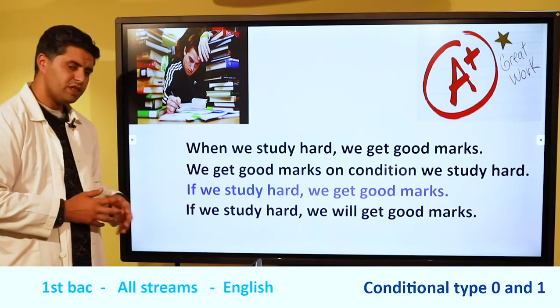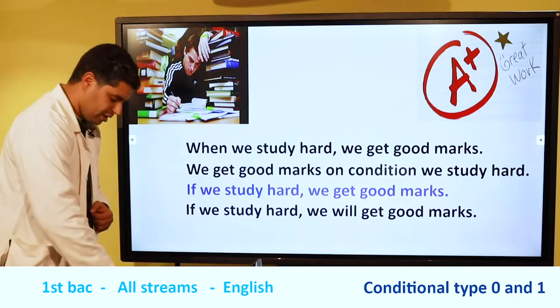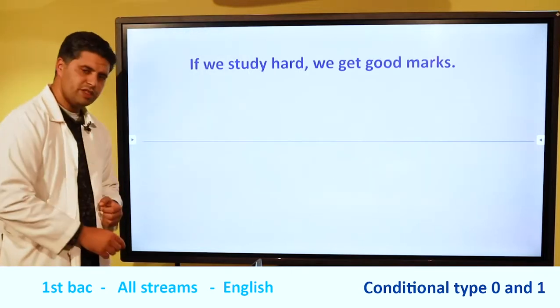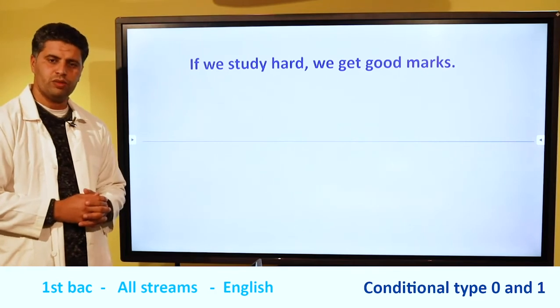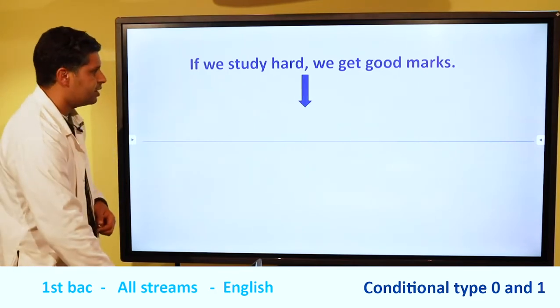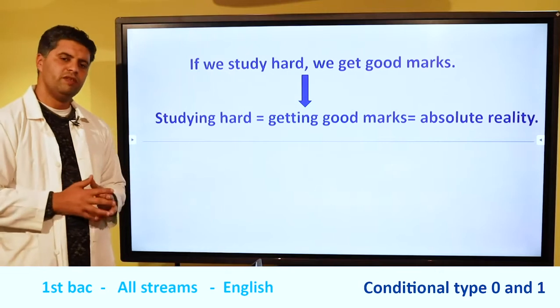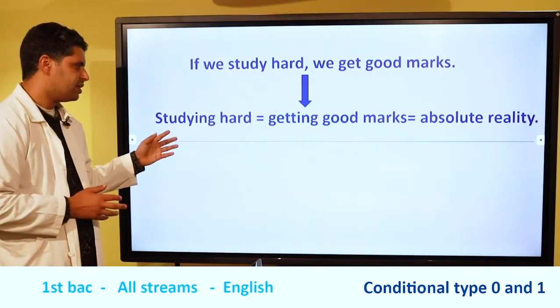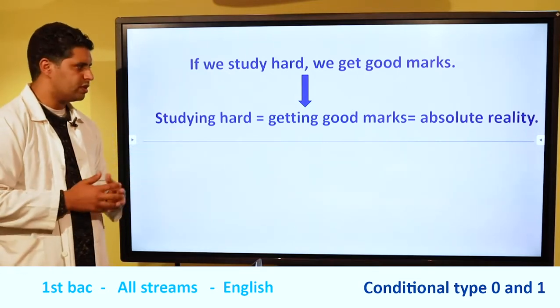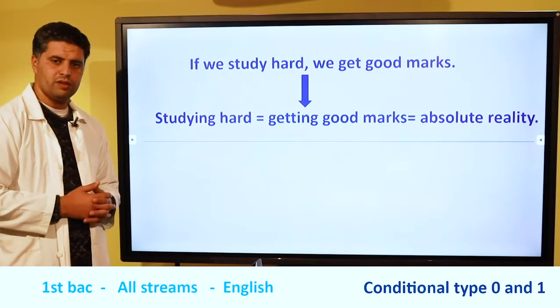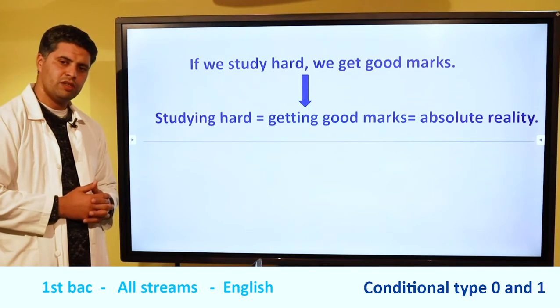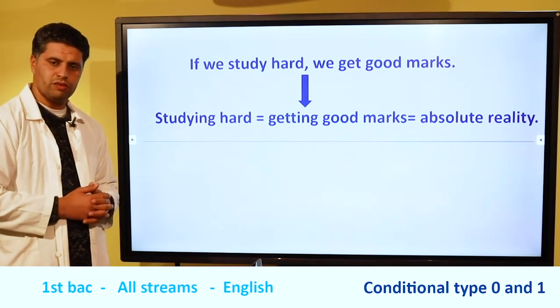Let's take these two statements and study them. Let's take the first one, for example: if we study hard, we get good marks. Here, the meaning of this statement is that studying hard equals getting good marks, which is a reality. It is a fact, or it is a truth.